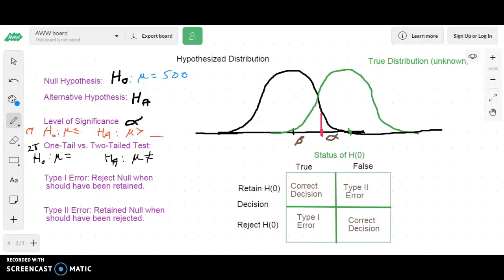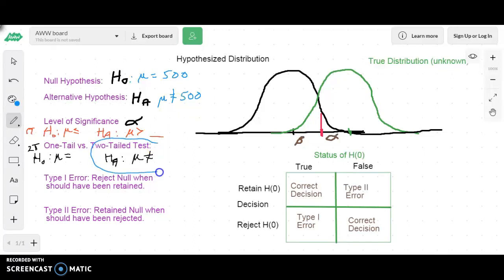So in that case, our alternative hypothesis, which tends to be whatever the actual purpose of our study is, is going to be the complement of the null. If the null hypothesis is that the mean is equal to 500, then the alternative is that it's not equal to 500. And if that's the case, then we have what is called a two-tailed test.